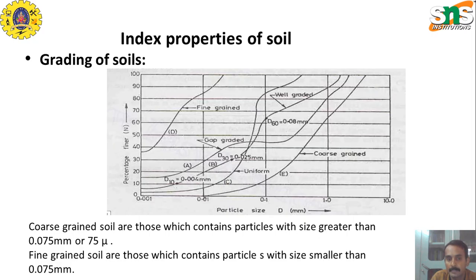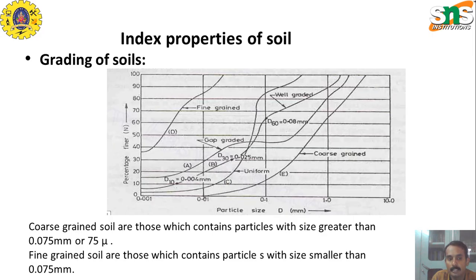Whereas in case of gap graded soil, a certain size of particle will be found missing. So in that case, a depression is found in that gradation curve. In case of poorly graded soil, it contains a random orientation of soil particles which is not distributed uniformly.